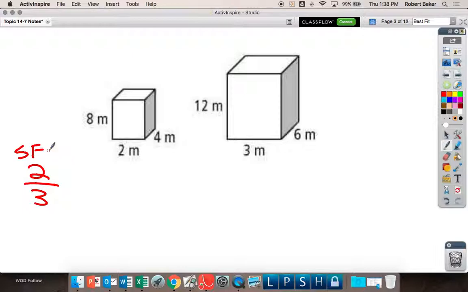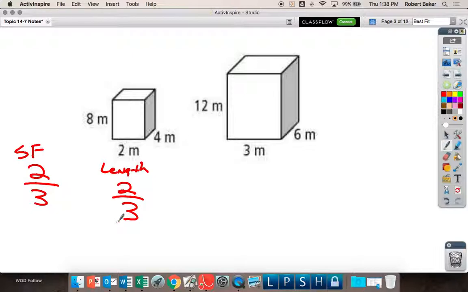So what is our ratio of lengths, or a ratio of perimeters? Do I change the number? Our ratio of lengths is the same thing. That's just A over B. The ratio of lengths is the same thing as our scale factor.